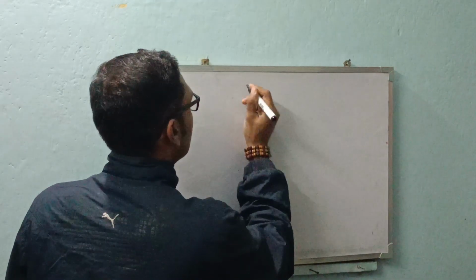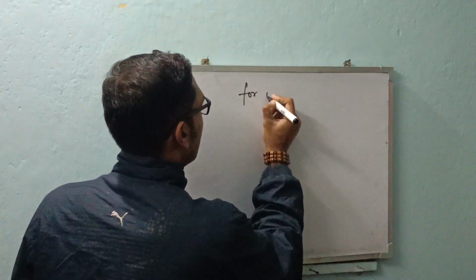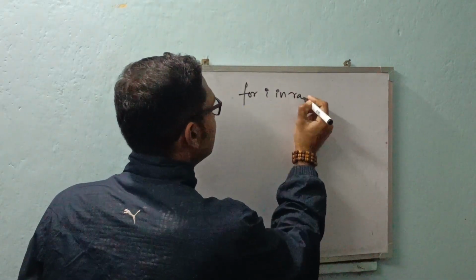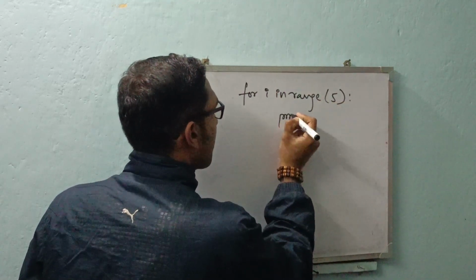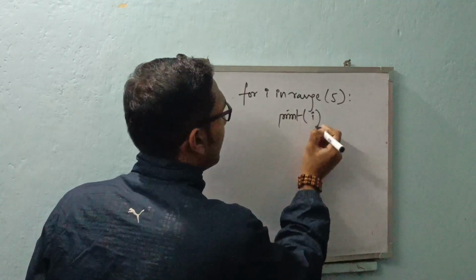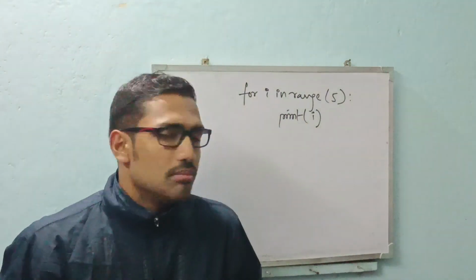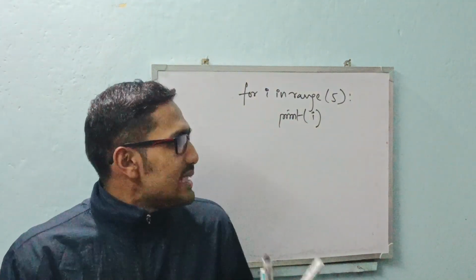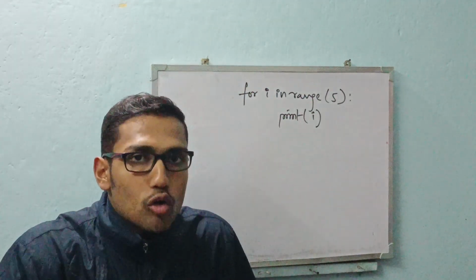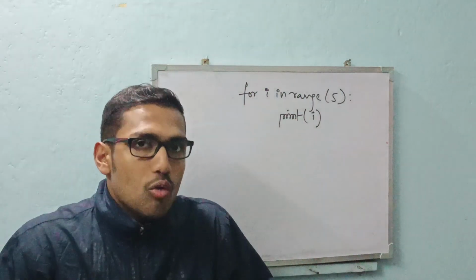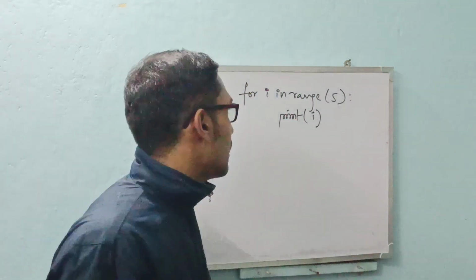Fine, let me write the code. The code is: for I in range 5, print I. Now this particular code will print numbers from 0 to 4, but how, that we are going to see.